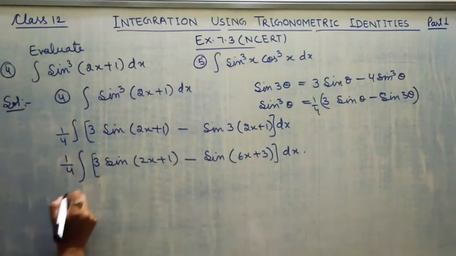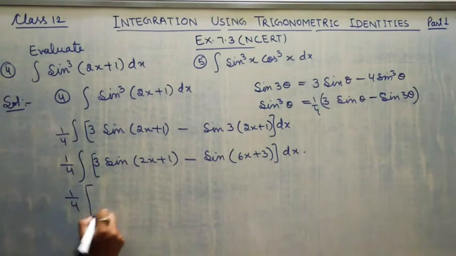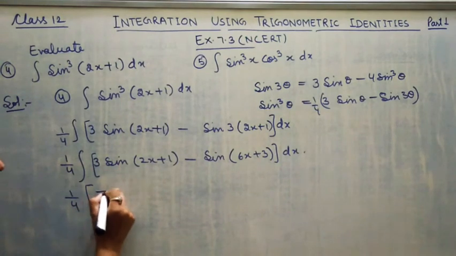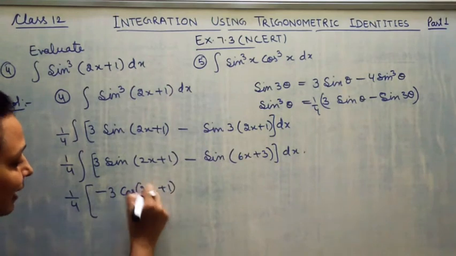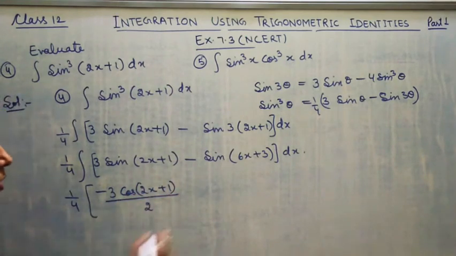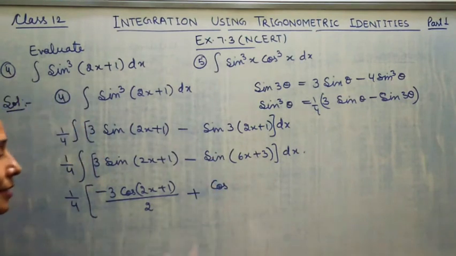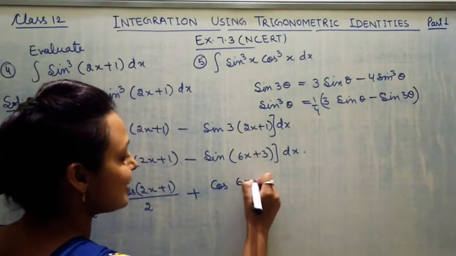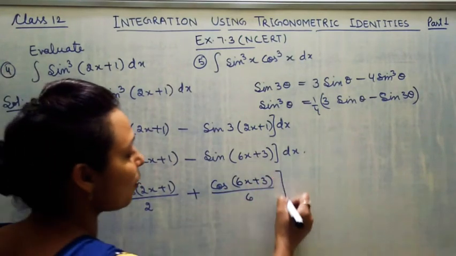Okay, now in the next step, I will write 1 by 4. I will write the integration, that is minus cos(2x plus 1), right, divided by 2, minus, again sin integrates to minus cos, that is minus minus plus cos(6x plus 3) upon 6, right, plus constant.